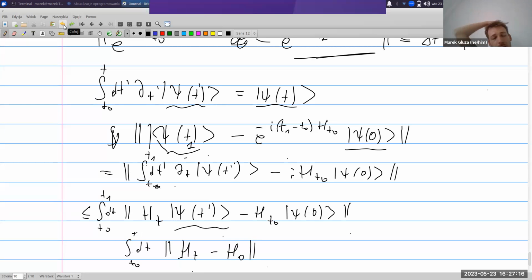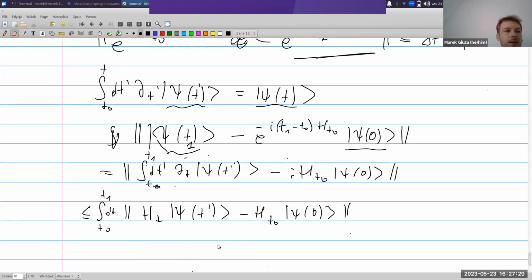So maybe we use that this is a differentiable function psi t, and maybe we Taylor expand here around psi 0. So what would that be?